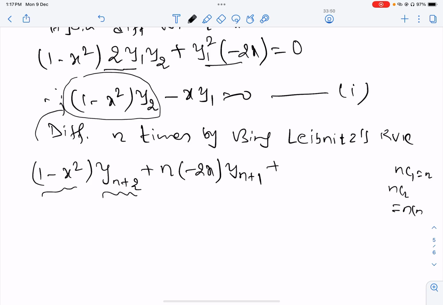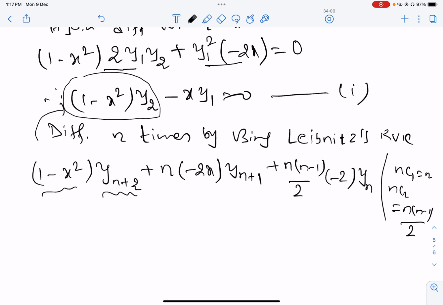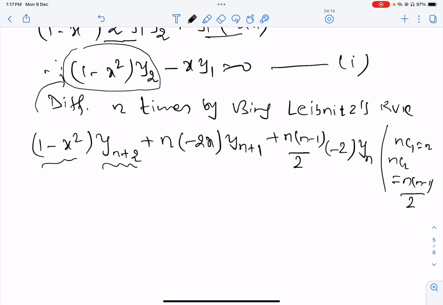So nC2 is n into n minus 1 by 2. Then this derivative is minus 2, and reduce the derivative of yn plus 1, and that is nothing but yn. So that is the nth derivative of (1 minus x square) into y2.